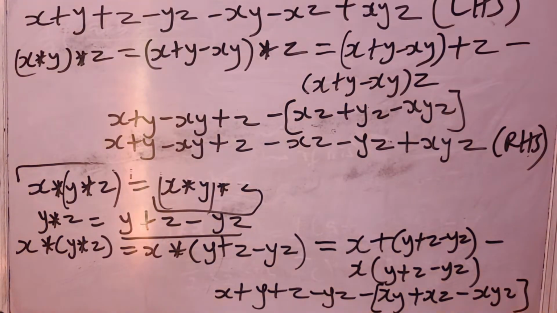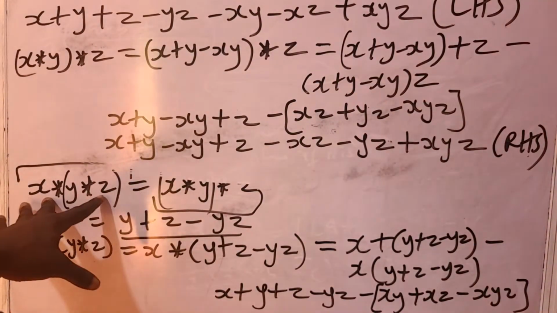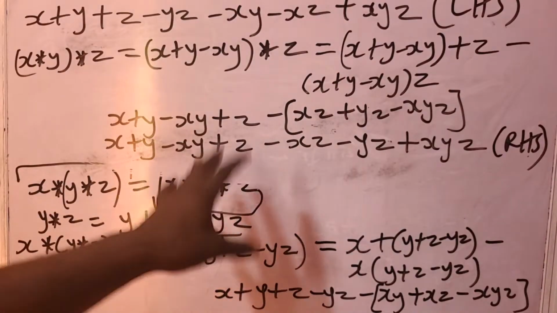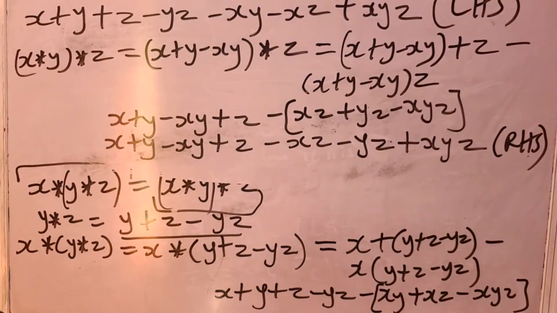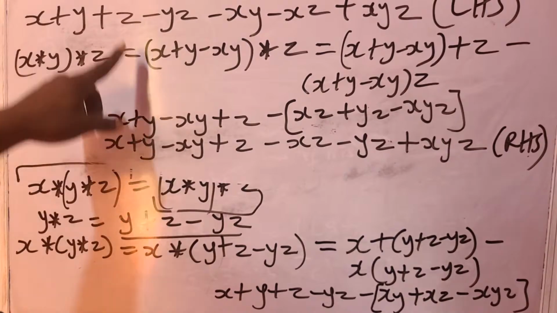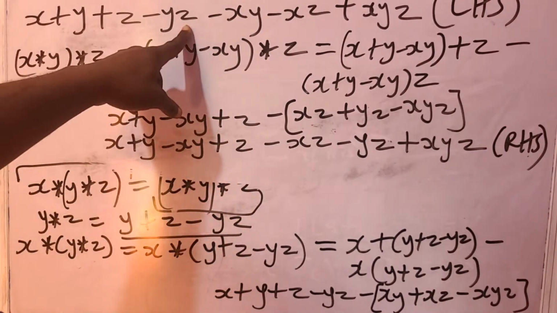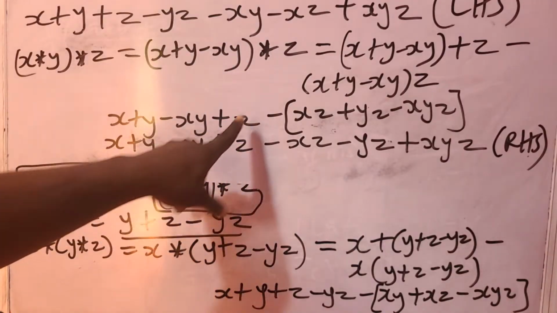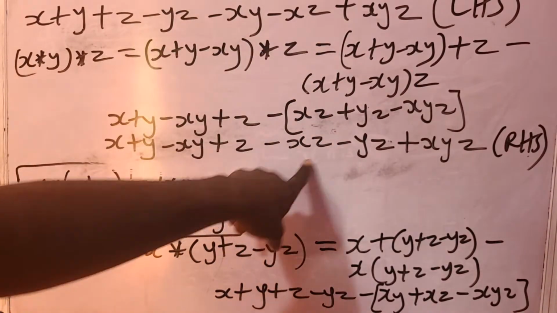So the next thing for you to do now is to ask yourself, is the left hand side equal to your right hand side? Of course, I told you already, once this is the case, it is associative. If it is not the case, it is not associative. So let's check it out. x, y, z, yz, xy, minus xy, minus xz, minus yz.